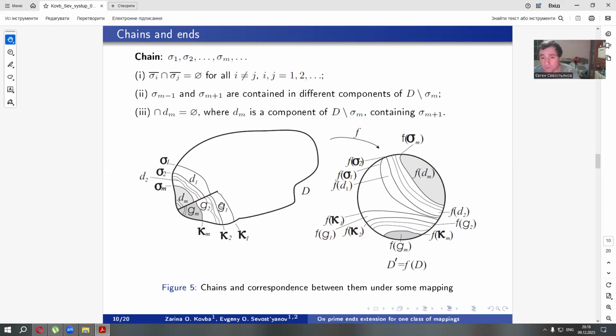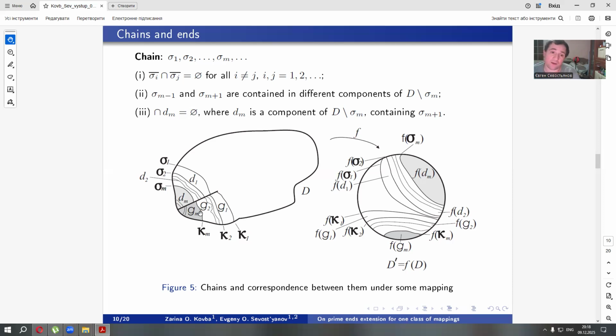We also have the correspondence between chains in the prior image and chains in the image. In particular, this sequence of cuts corresponds to this sequence in the image under the mapping F.